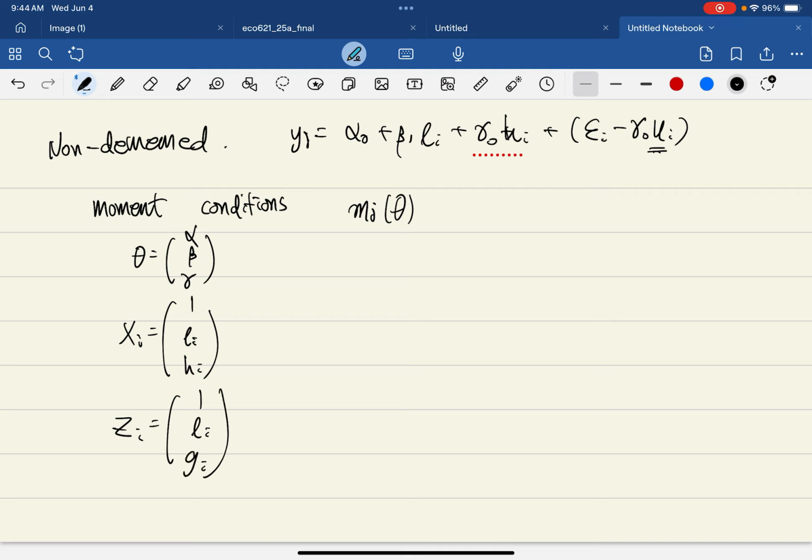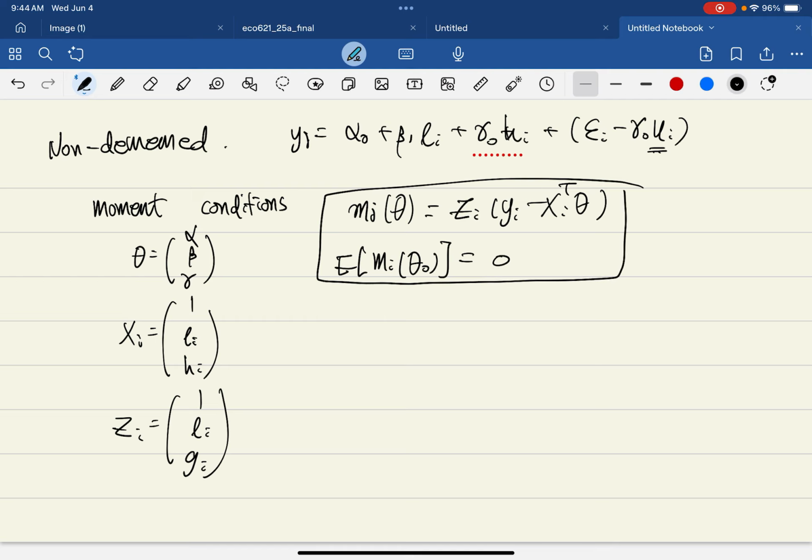Okay, so under these notations, we are going to use a moment function of this form, right? And then we know that the expectation of m_i(theta_0) is 0. Okay, that is our moment conditions. This is just the theoretical derivation.